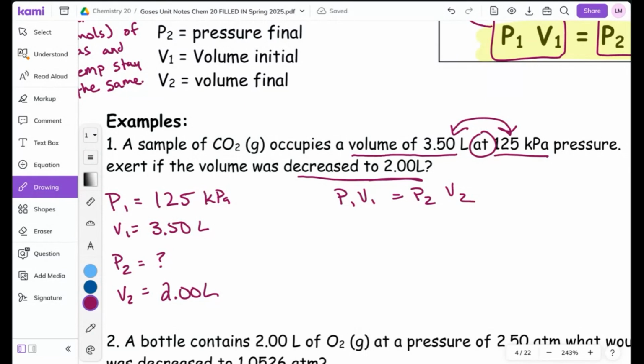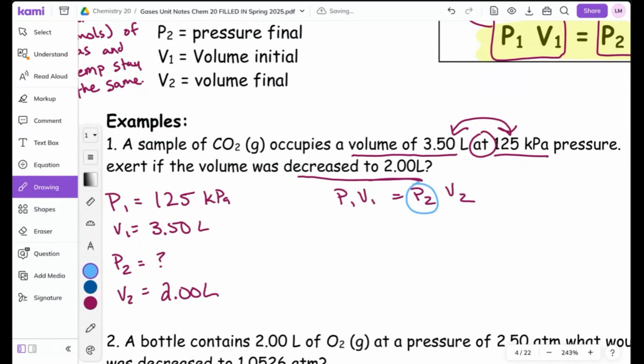Or alternatively, instead of plugging in your numbers right away, you could rearrange the formula to isolate for the variable that you want and then plug in your numbers. I'll give you a sample of what that would look like. Since we want to figure out what P2 is, because that's our variable with the question mark on it, this means we want to isolate this.